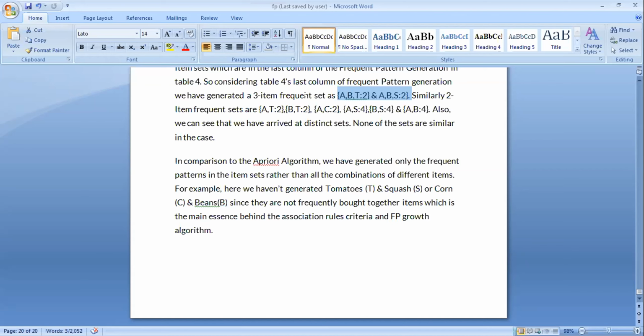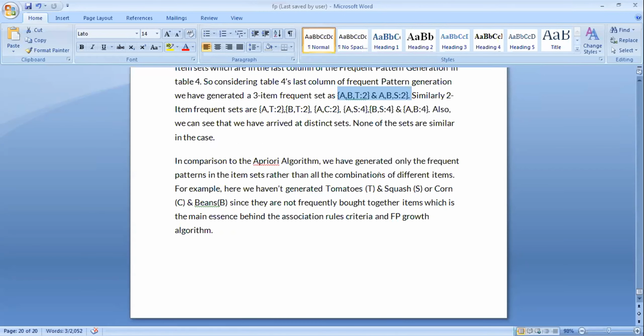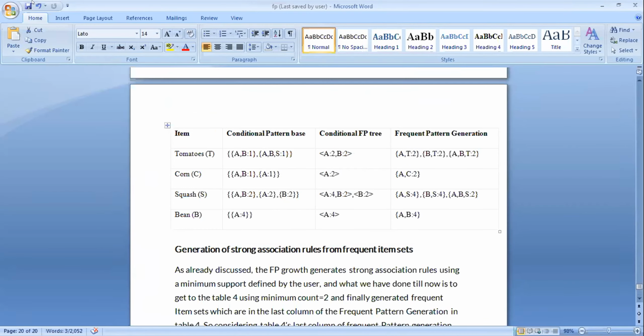So these are the 3-item frequent item sets. That is the difference between the Apriori algorithm as well as frequent pattern growth.